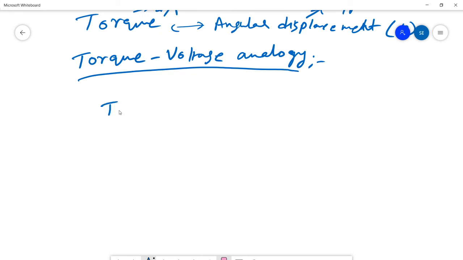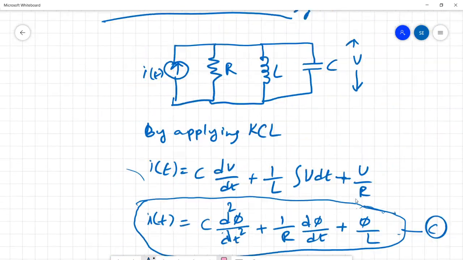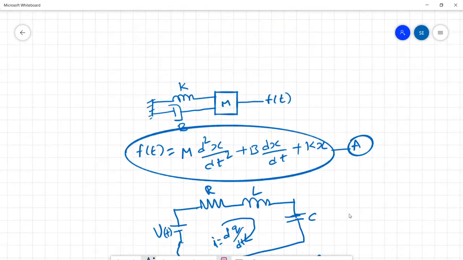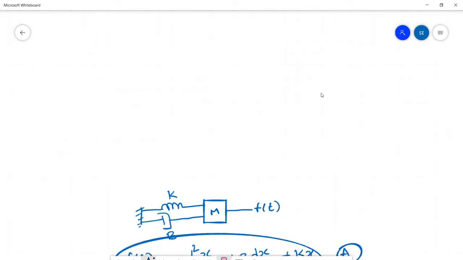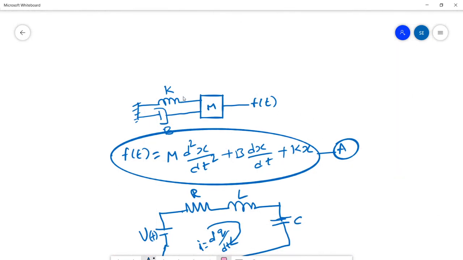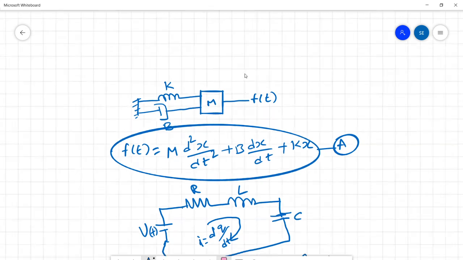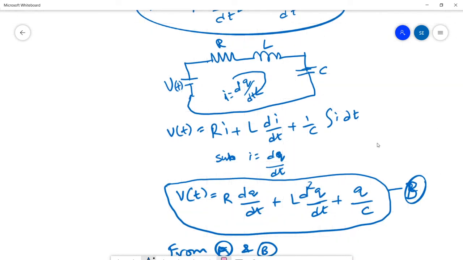For the same system, whatever example we gave for the mechanical translatory system, mass is replaced with J, input is torque and output is theta, right? If it is a rotational system, we discussed it in the previous class.